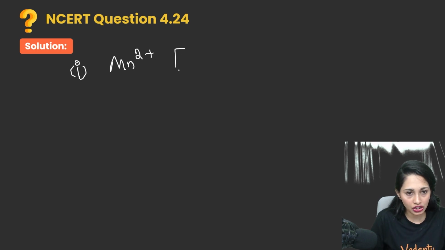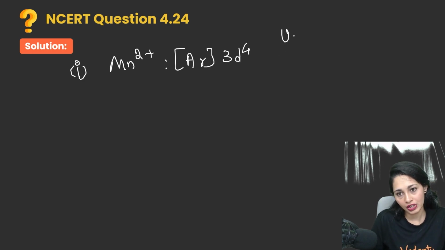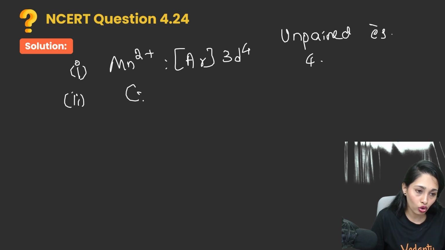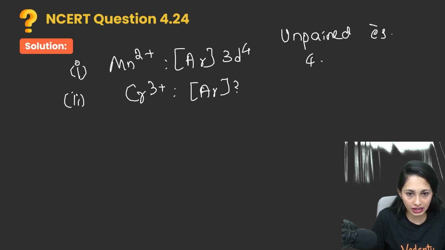Its electronic configuration will be argon 3d4. So the number of unpaired electrons is 4 in this case. Second, we have chromium 3+, with electronic configuration argon 3d3. So it has 3 unpaired electrons.